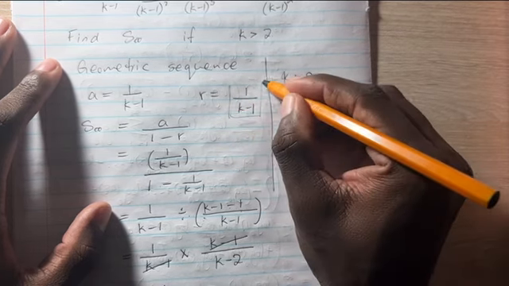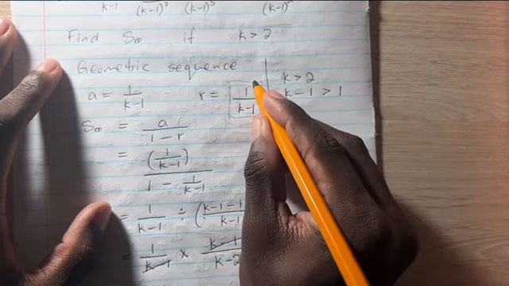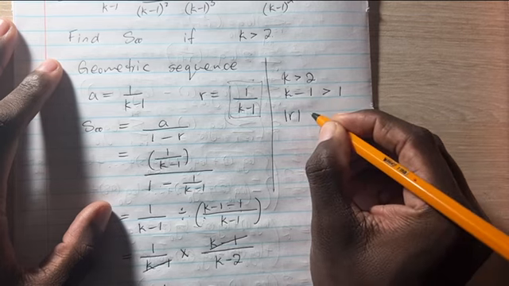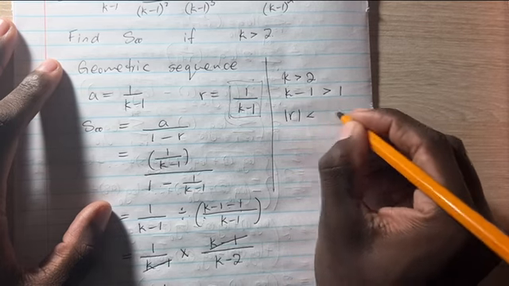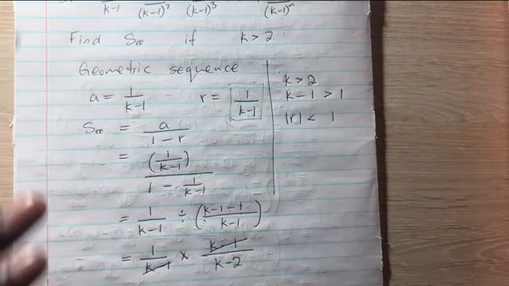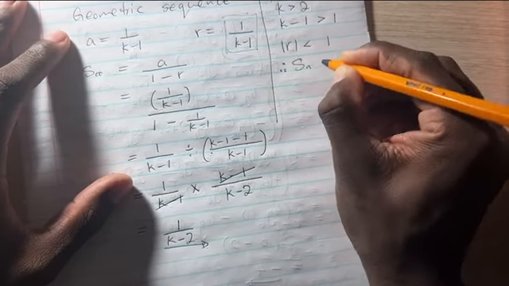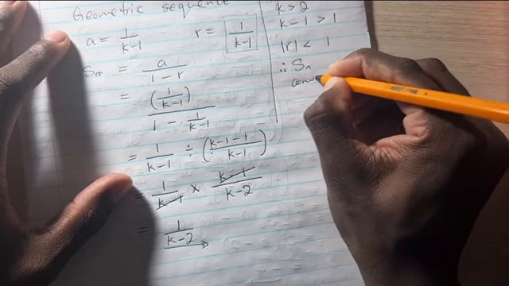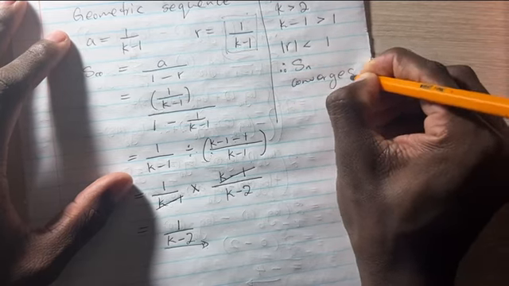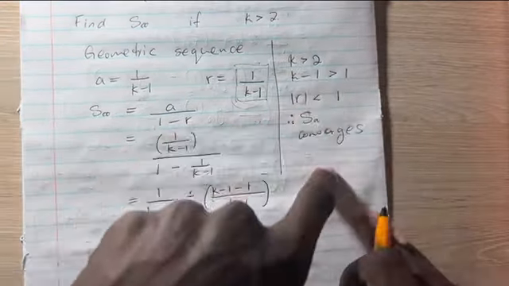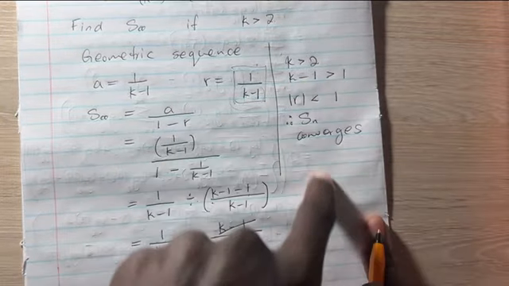This has to be less than 1 if the denominator is greater than the numerator. So you can say therefore Sn converges. Right, so this was us confirming if the series converges.